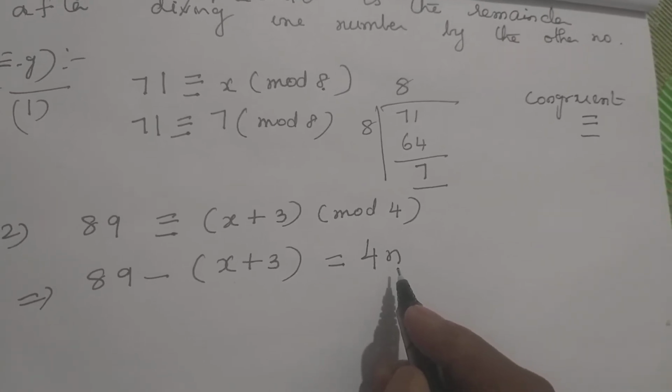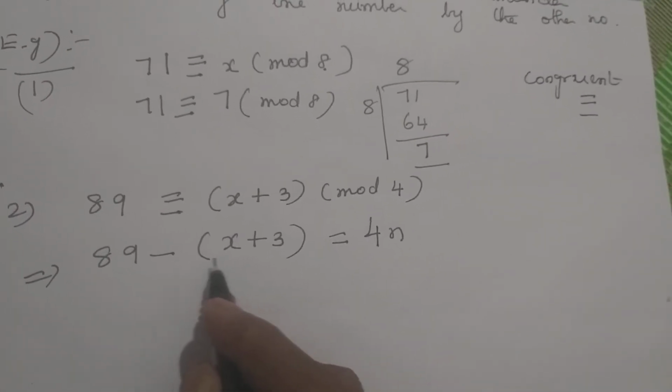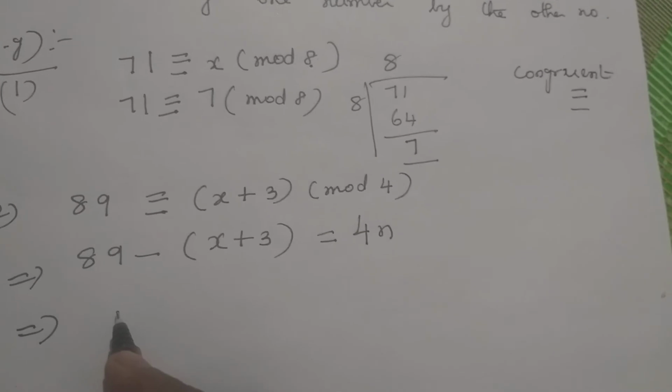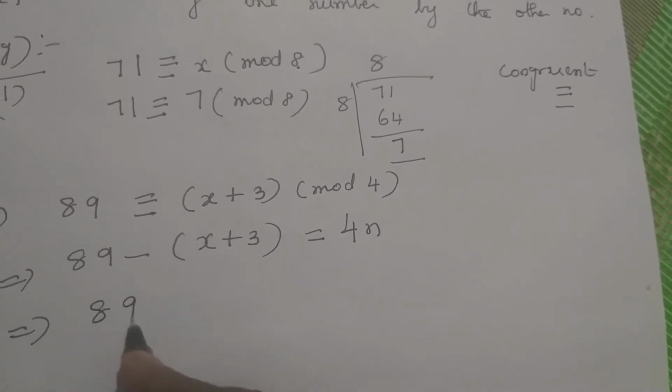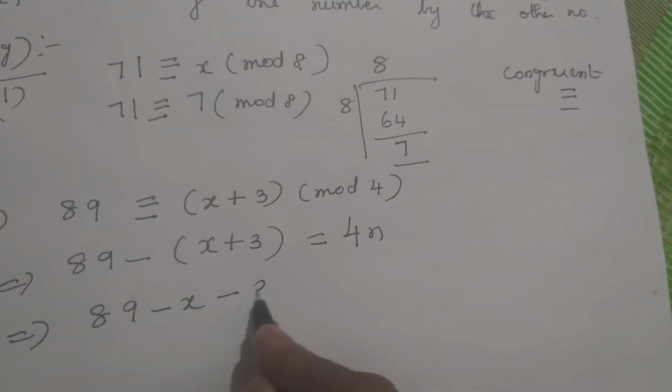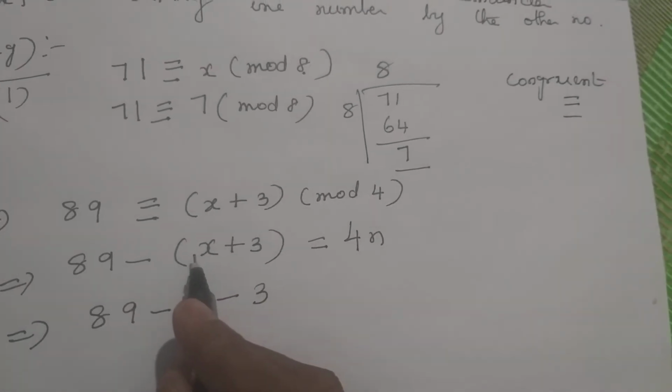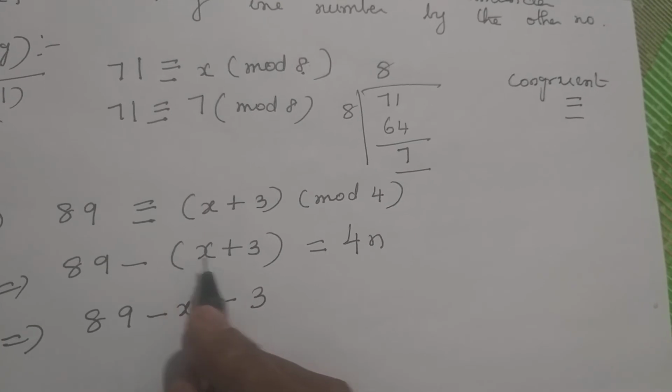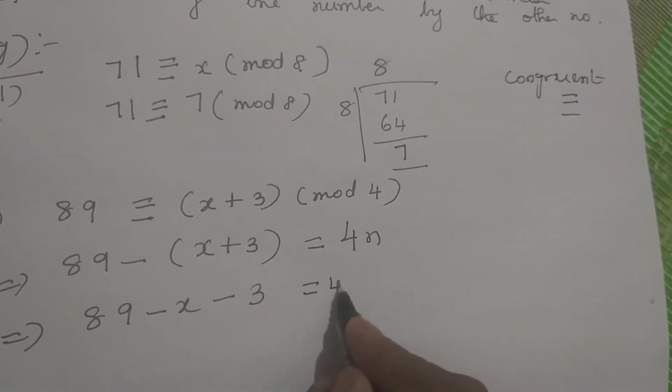So now we are going to remove this bracket in the next step. 89 plus into minus, minus x, plus into minus, minus 3, is equal to 4n.